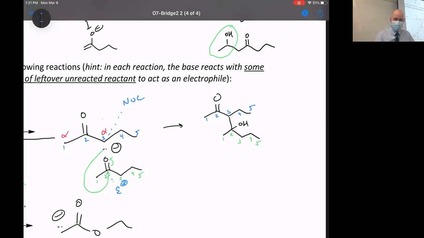The 5 in blue were from my nucleophile. Number 3 was the reactive site that made the new bond. For my unreacted or leftover ketone, I numbered it the same way, 1, 2, 3, 4, 5, but green 2 was your electrophile. So blue 3 and green 2 made a new bond, and that's what we've got right there. Whew.